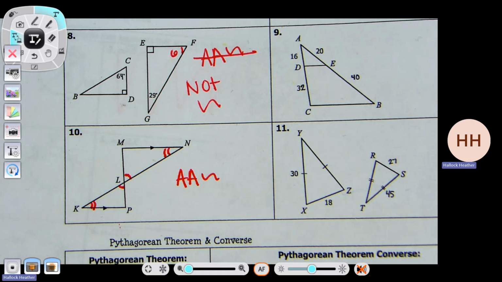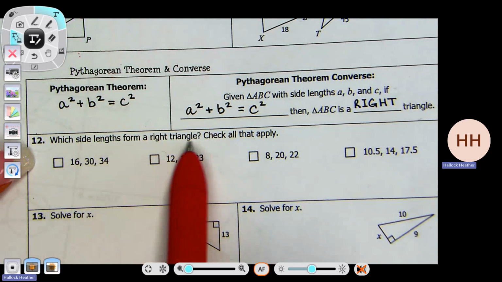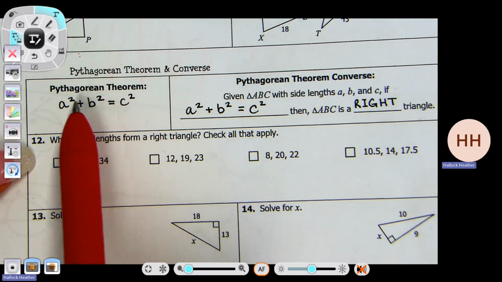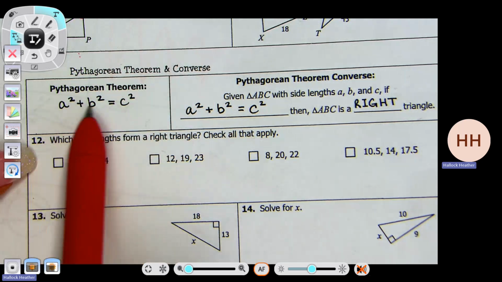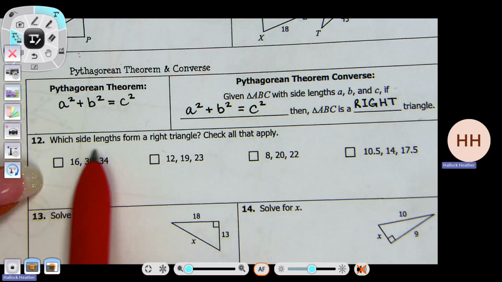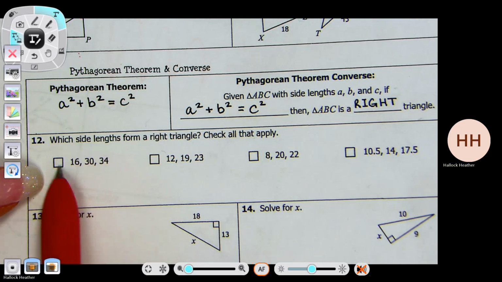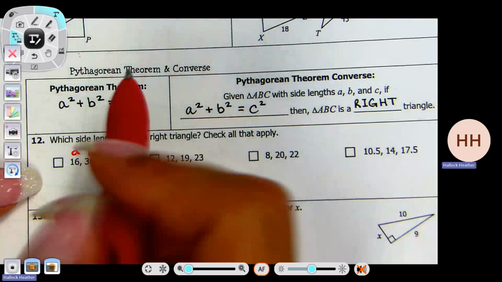And then the last question that you guys had on this one was number 12, right? Okay, so 12 is the Pythagorean theorem. This one's a little weird, but it's not terrible. It's just a little confusing. It says which side lengths form a right triangle. So for it to be a right triangle, a squared plus b squared has to equal c squared. A and b are the smaller sides, and c is the longest. So out of option A, what are my two smallest? I'll call this A, I'll call this B. 34 has to be C because it's the largest.